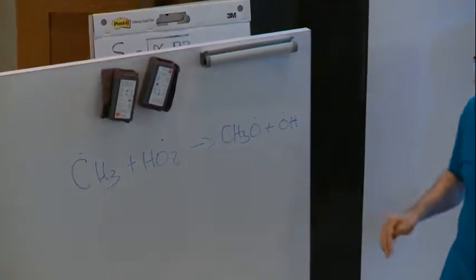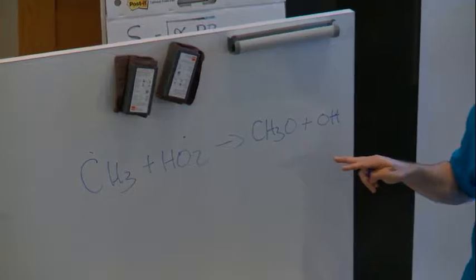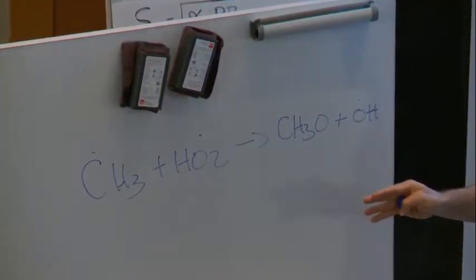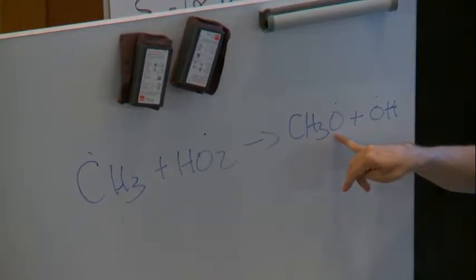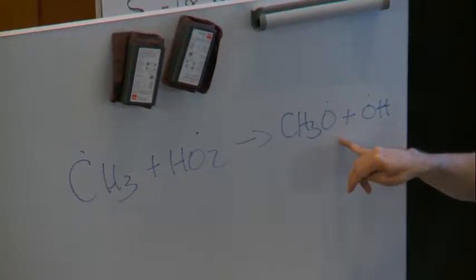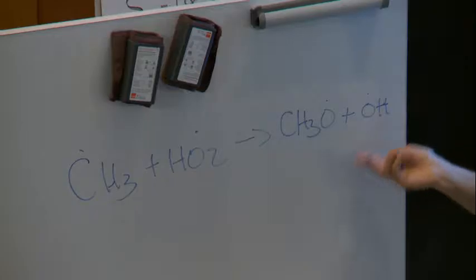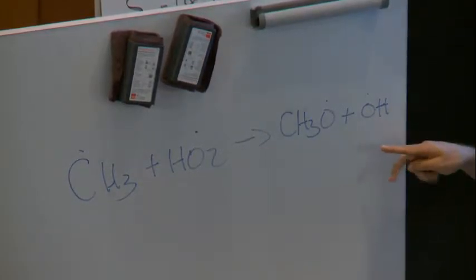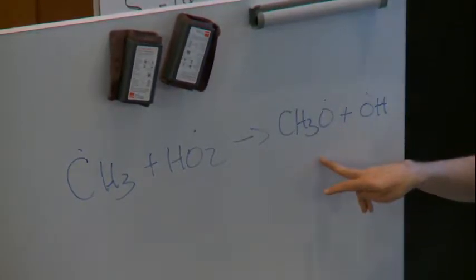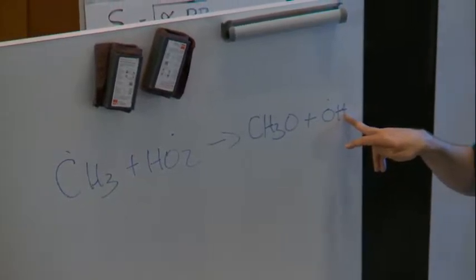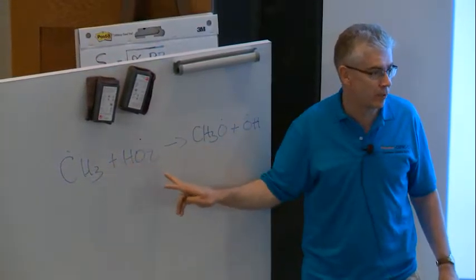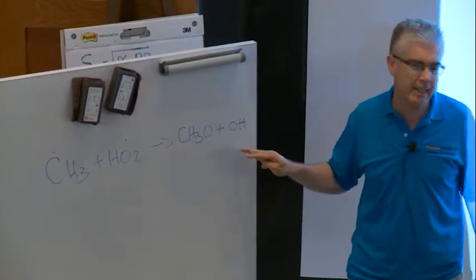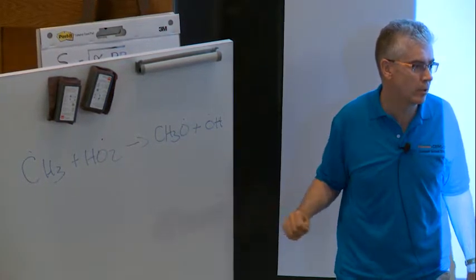Or technically it's a propagation, but it leads to higher reactivity because methoxy radical gives you formaldehyde, which gives you formyl radical, which gives you CO plus H. So you get two reactive radicals, H atom and OH radical, from two relatively unreactive radicals, methyl and HO2. So this actually enhances reactivity in combustion processes.